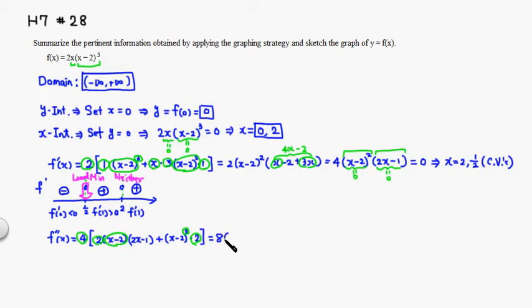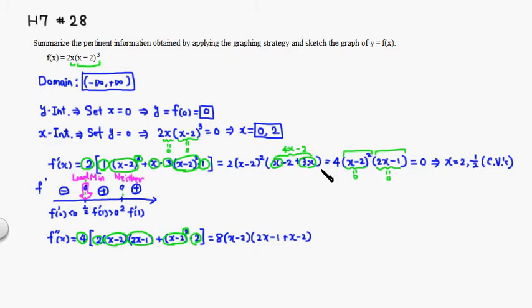So factor out the quantity x minus 2. Then you have leftover stuff. So we have 2x minus 1, and you have x minus 1 minus 2, so x minus 2. That will take care of 2x minus 1 and x minus 2.